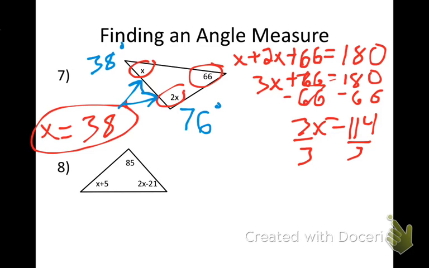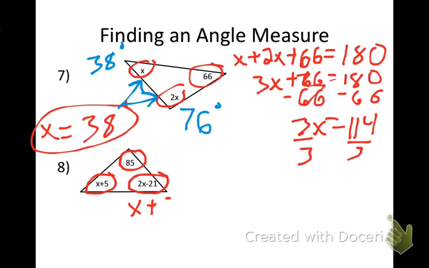All right, same idea for number 8 here. I'm given one angle is 85. I'm given another angle is x plus 5. And a third angle is 2x minus 21. What's a triangle add up to, Hannah? 180. So I'm going to do what with all those angles, Caitlin? And set them equal to? Very good.